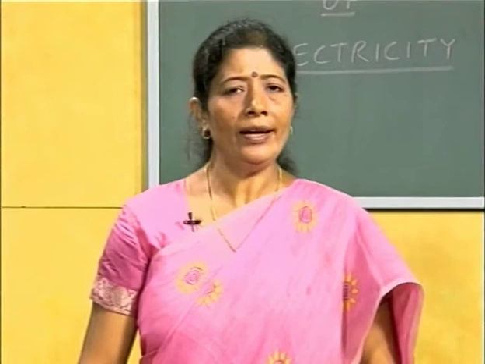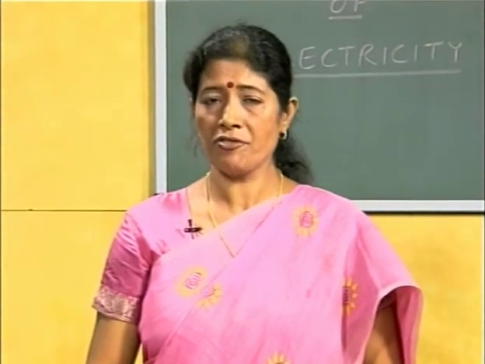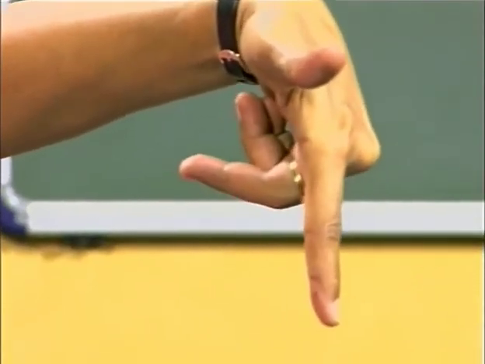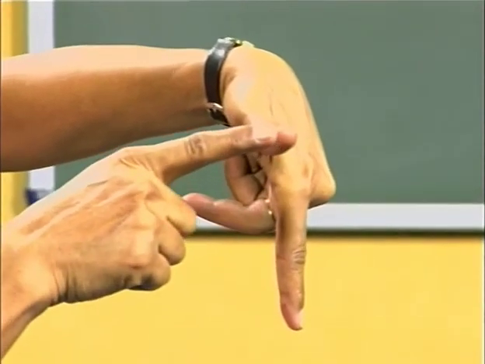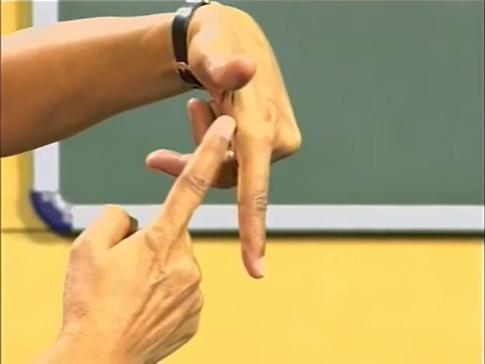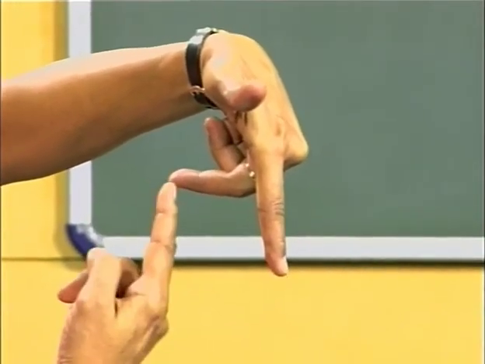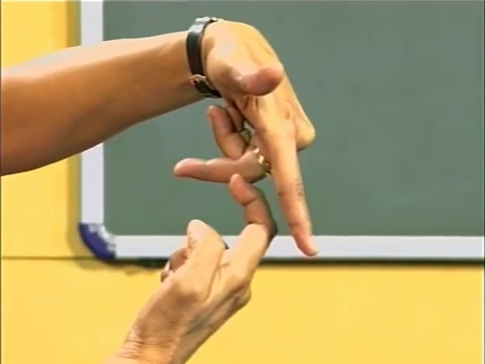We can find the direction of force acting on the electron by Fleming's left hand rule. See, in the figure, the thumb is giving the magnetic direction and the electron's direction is shown by this. So where is the direction of force? You can see it is inward like this.